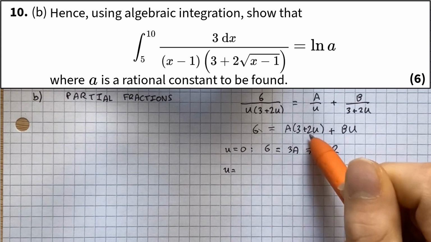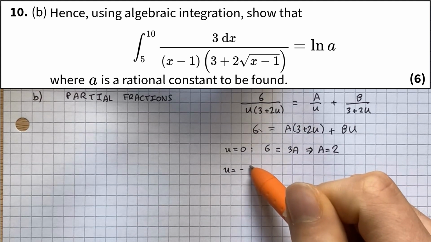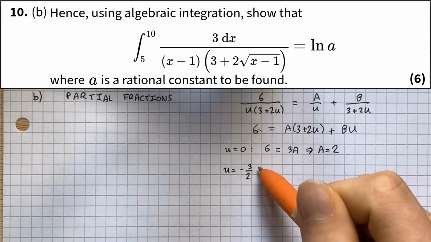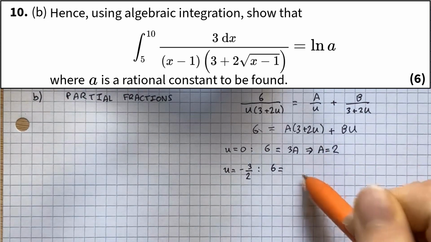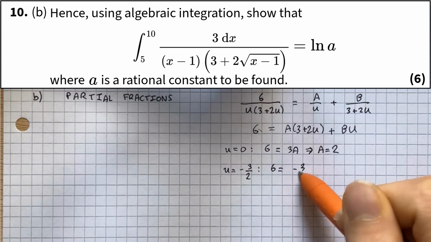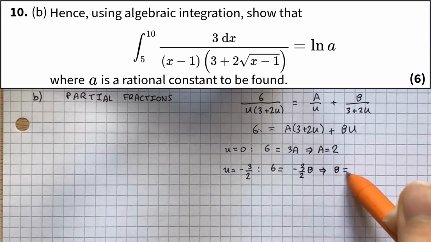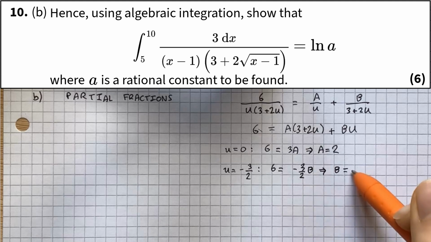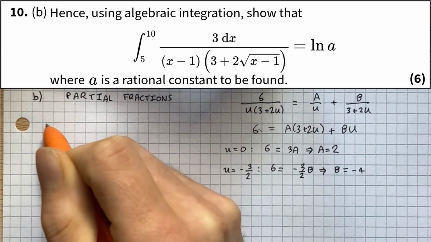And if we sub in now minus 3 over 2, that will make the a bracket 0, which means that 6 will be equal to minus 3 over 2 b, and therefore b will be equal to times by 2 divided by minus 3, which is minus 4. So now we can start integrating.